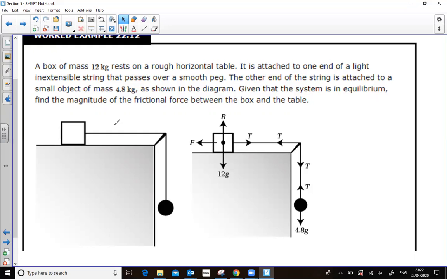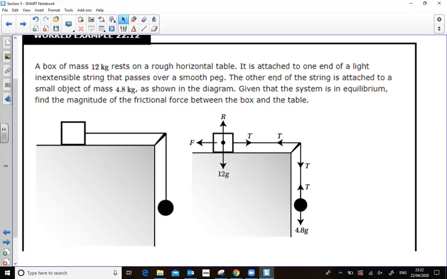Okay, so we're going to find out the frictional force. Firstly, we don't know what the tension is horizontally, so we should work out what the tension is, and we could start by looking at the forces acting on the ball first.